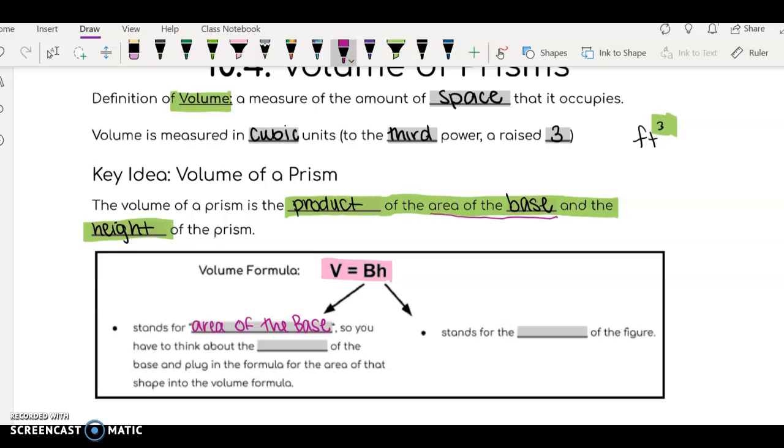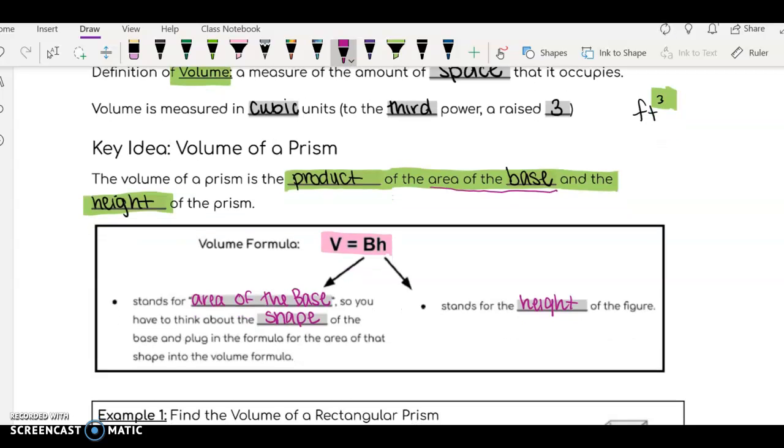So you have to think about what shape is the base, and then we plug that formula of the area into our volume formula. It'll make more sense here in a little bit. And then this tiny h stands for the height of our figure.